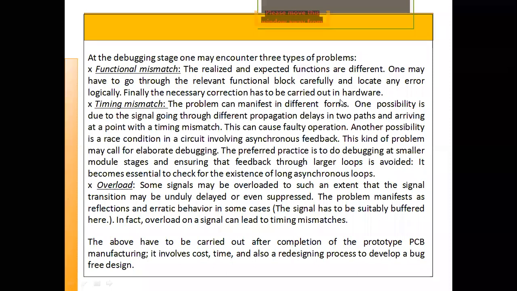Sometimes they can even suppress the signal, due to the overloading the signals can be suppressed. To avoid these types of problems, what we have to do is use proper buffers to strengthen the signal.